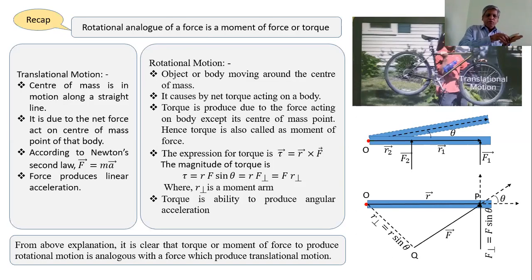In translational motion, the center of mass moves along a straight line path, and every particle moves along straight line paths parallel to the center of mass point. But in rotational motion, all the particles move around the center of mass point.